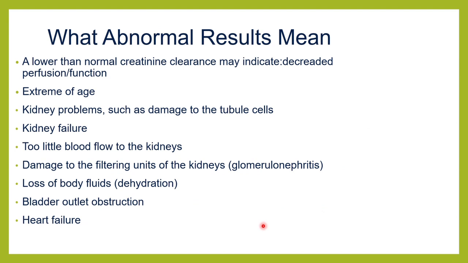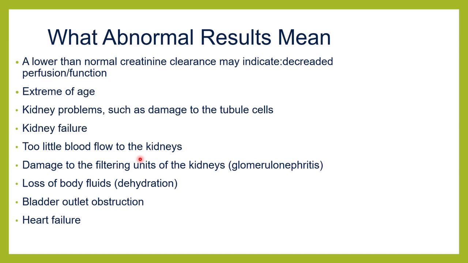So what do we mean by decreased creatinine clearance? What are the conditions wherein creatinine is not being cleared, where creatinine clearance is low? If there are extremes of age, kidney function will not be proper; kidney problem, damage to the kidney, tubular damage, kidney failure, reduced blood flow to the kidney, heart failure.